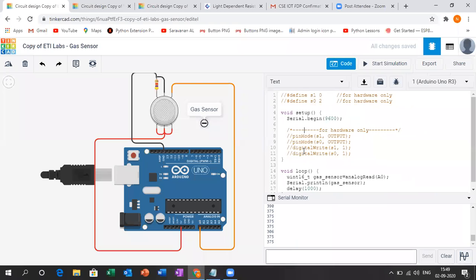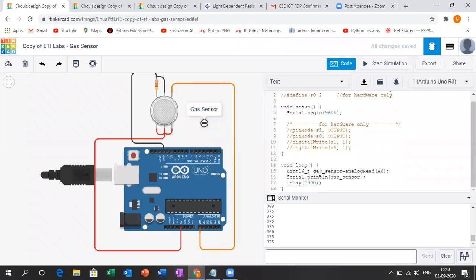The coding part is pretty simple and the same as the potentiometer. Here you can see that in the setup function I just call the Serial.begin function, which is for serial monitoring. In the loop function I declare an unsigned int variable named gas sensor, which is used to take the value from the analog pin of Arduino connected to the gas sensor A2 pin.